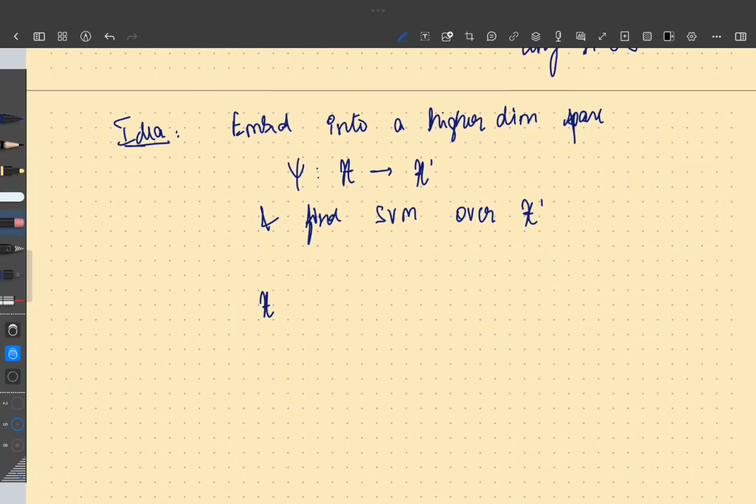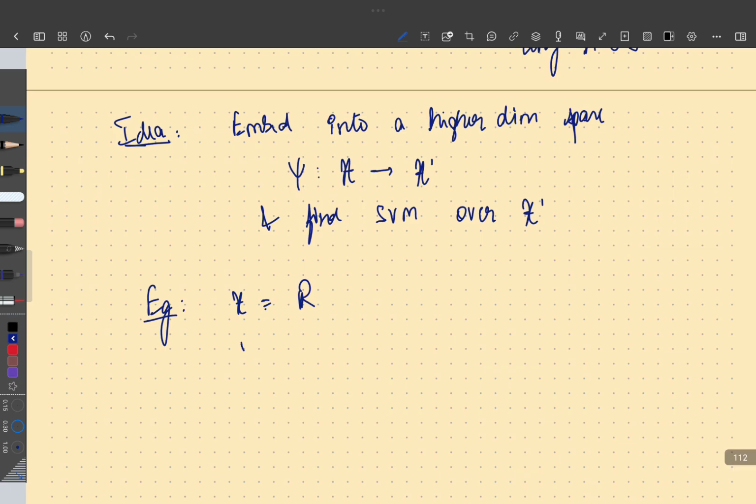So let's take an even simpler example perhaps, where X is equal to R and Y takes the form indicator of norm X greater than or equal to alpha.